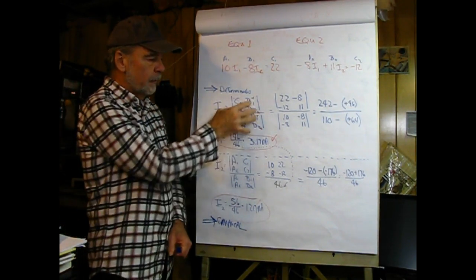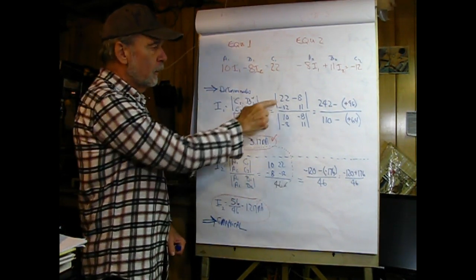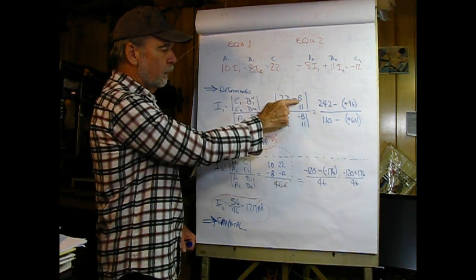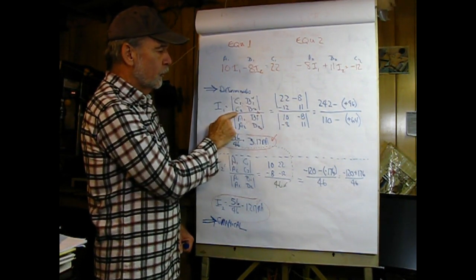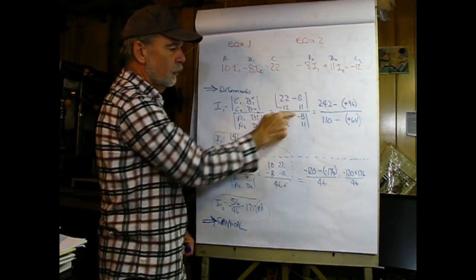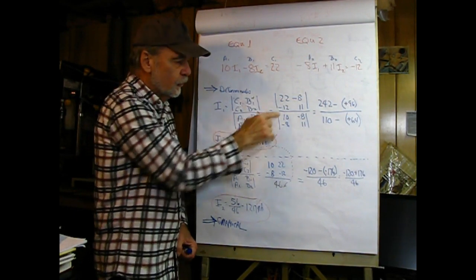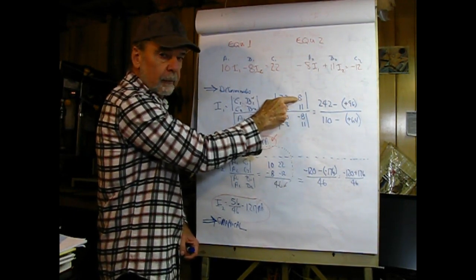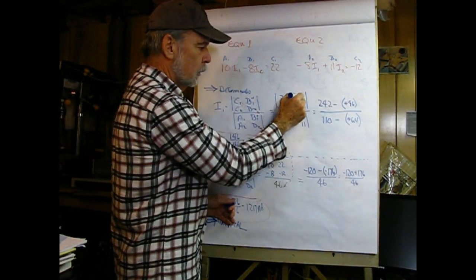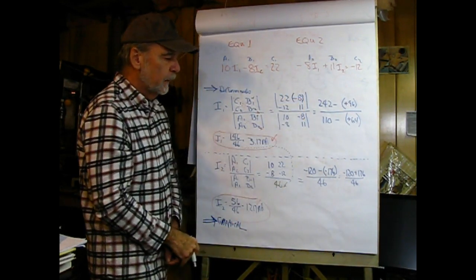Populating this with our coefficients, C1 is 22, B1 is negative 8, C2 is negative 12, and B2 is plus 11. Now this is not minus 8. I'm not subtracting anything here. Let me make that a little clearer. This just here is negative 8.